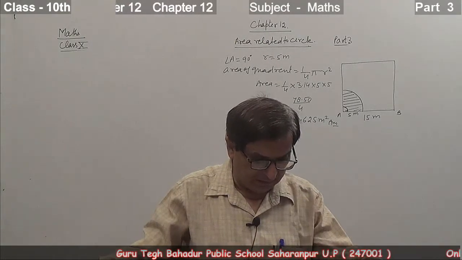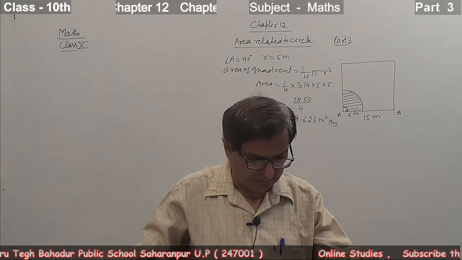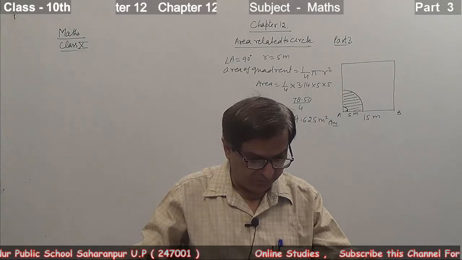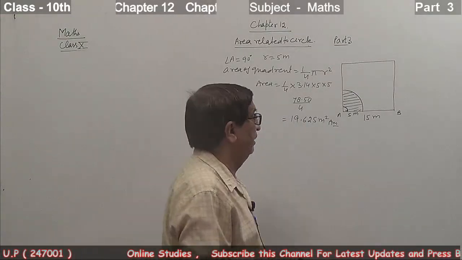The second one is the area of grazing: the increase in the area of grazing if the rope were 10 meters long instead of 5 meters.